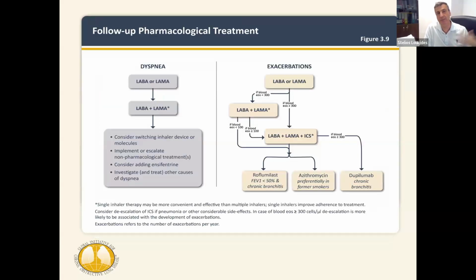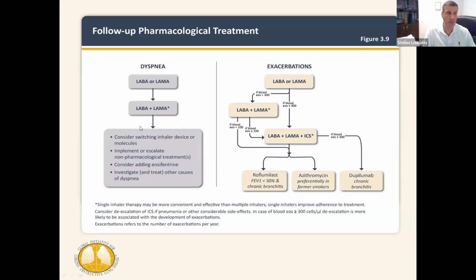But when you start to follow up these patients, you can clearly see that we have two major routes. One is the dyspnea, persisting dyspnea. The other is the persisting exacerbations. So how do you optimize the inhaler treatment using these two components?